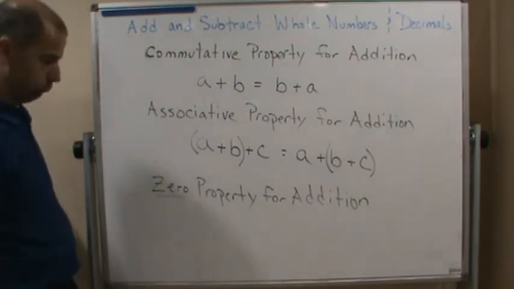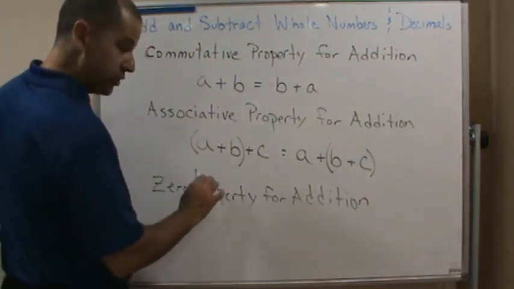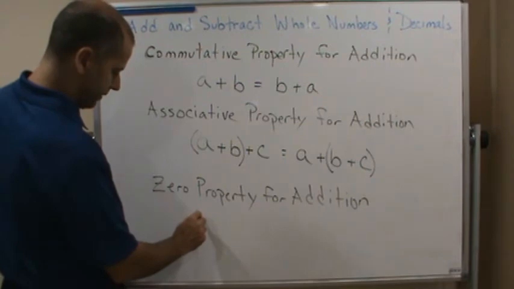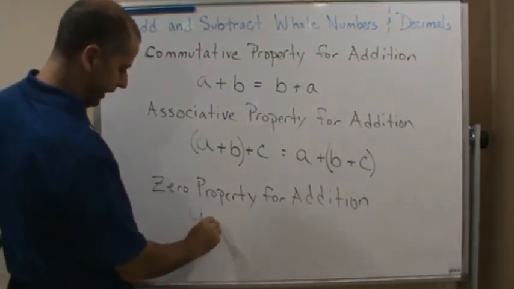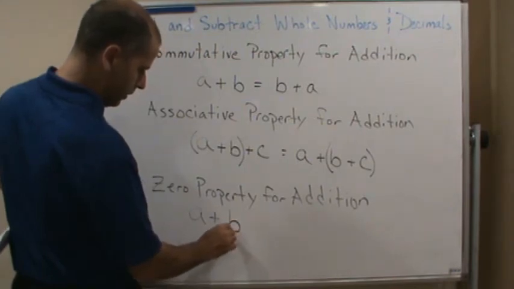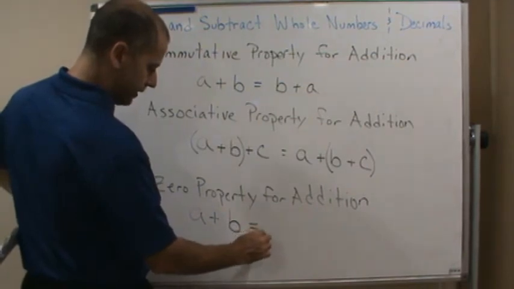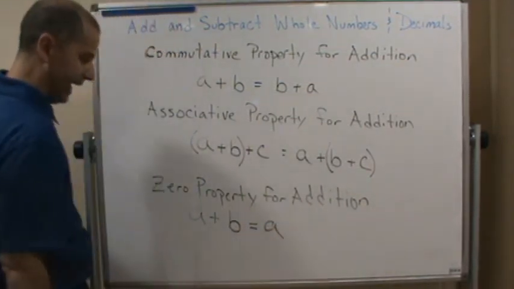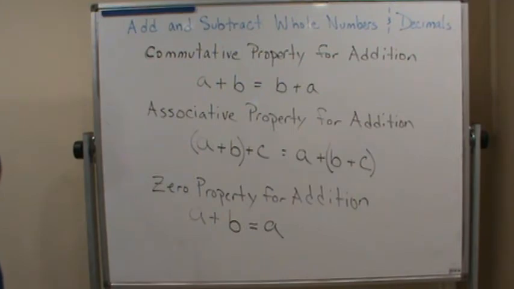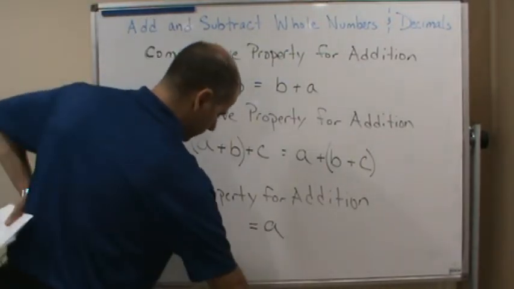What number do we know that has that property? Zero, right? In general, the zero property means that if I have A plus some other number B such that I get A back, what number is B? There's only one. It's 0.